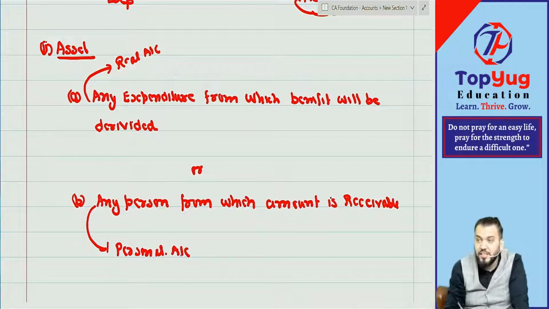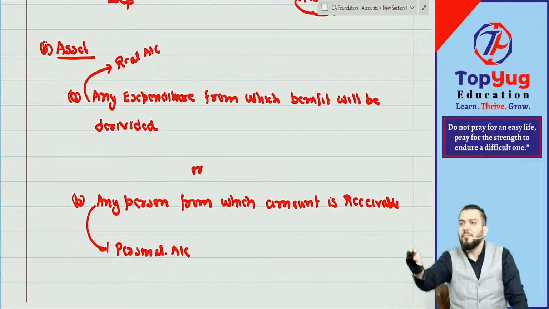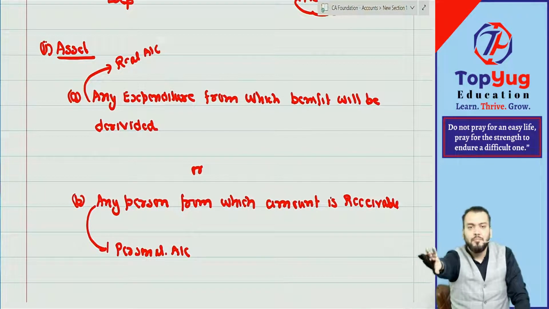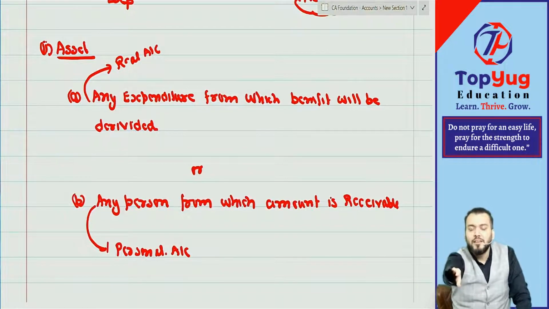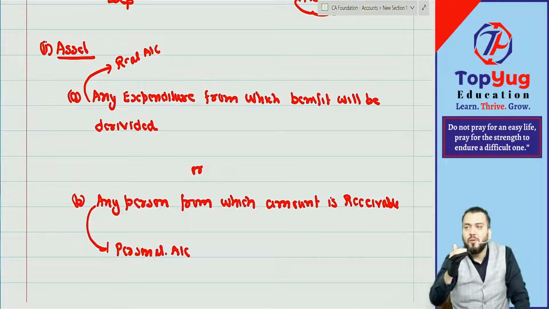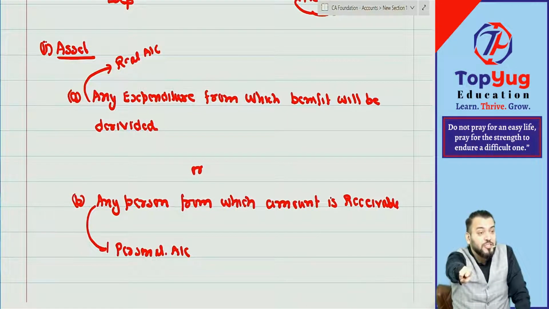Are you able to understand? Suppose I have deposited some amount in a bank. Is the bank a person or not? Can you say some amount is receivable from the bank? So that amount is receivable from an artificial person. The bank becomes an asset for me.